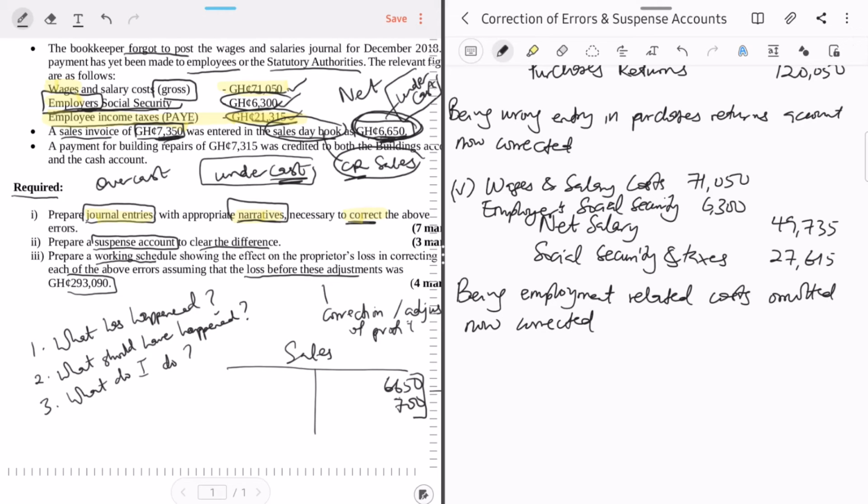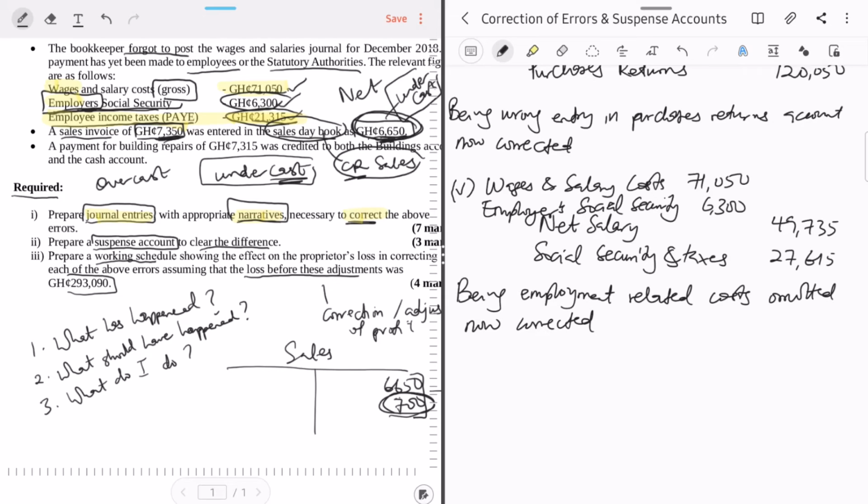It means the sales account has been undercast by 700. Another question could have said the same thing, that the sales account has been undercast by 700. So all we need to do is record the 700 here to increase the 6,650 to 7,350, because the question has not said there's anything else wrong with the sales account. They just said somebody did an undercast.